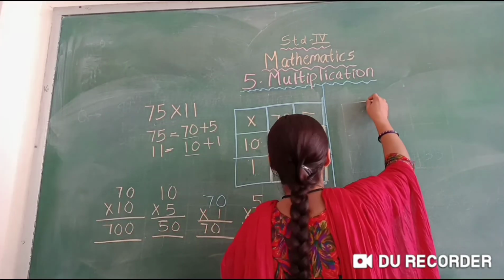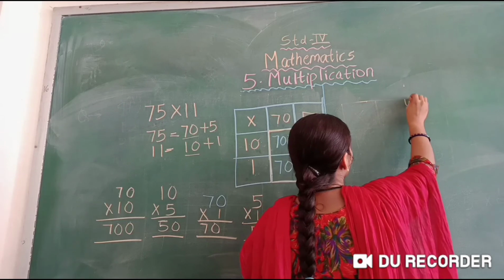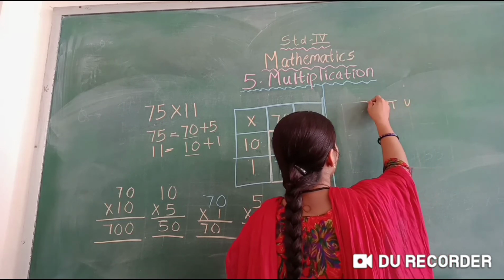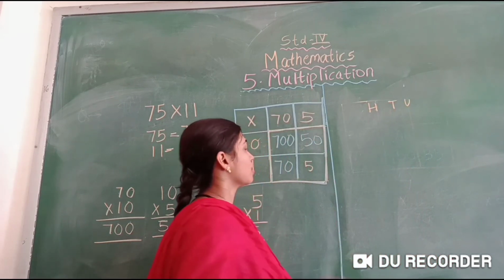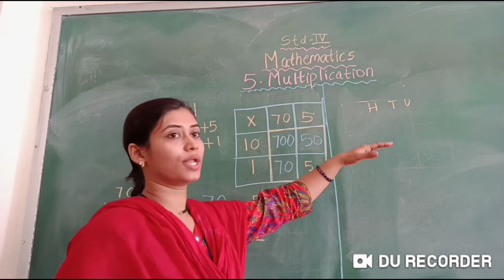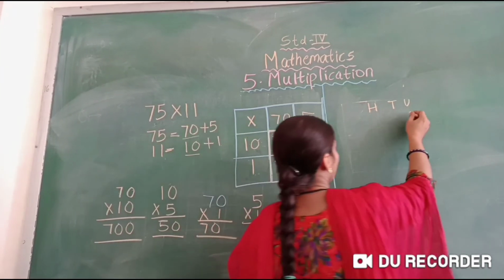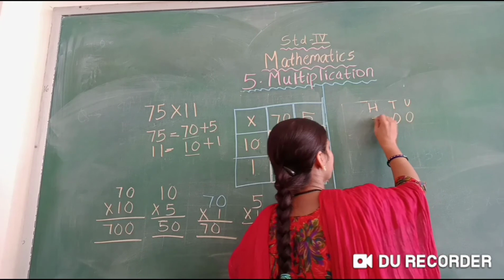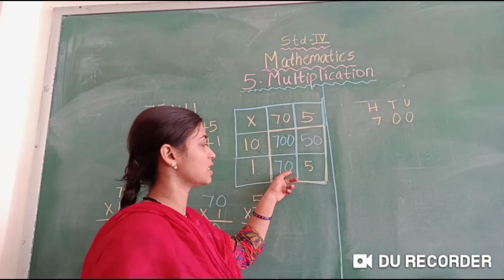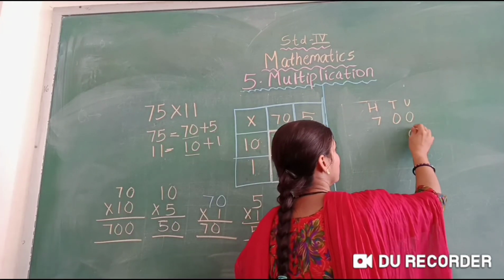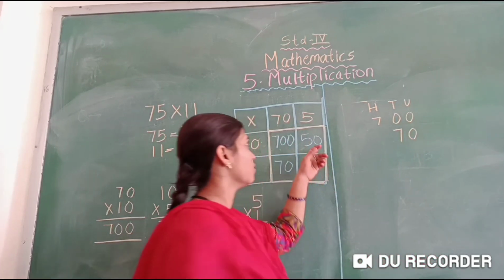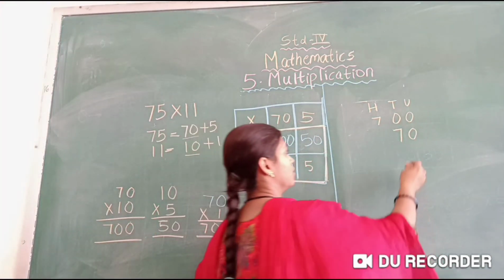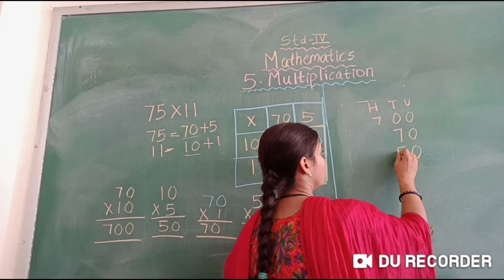Now, units, tens and hundreds. Put these numbers according to their place value. 700 is 0, 0, 7. Next is 70: 0, 7. Here is 50: 0, 5.